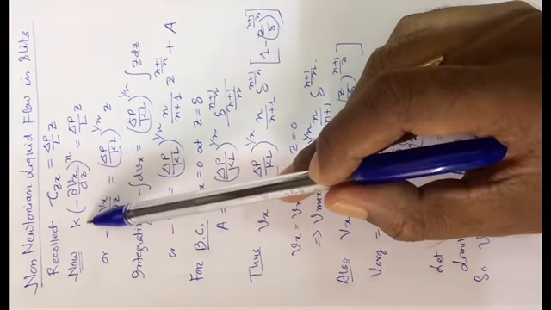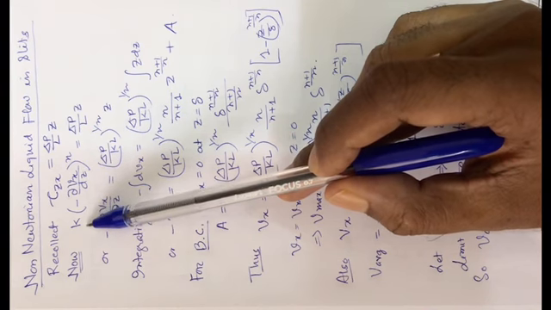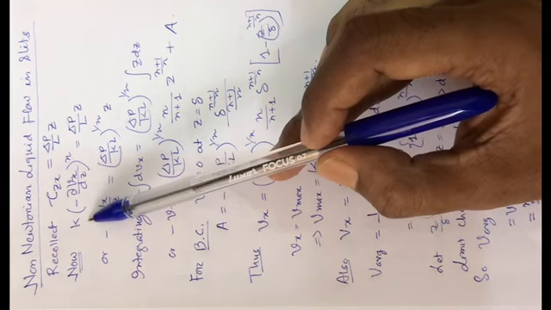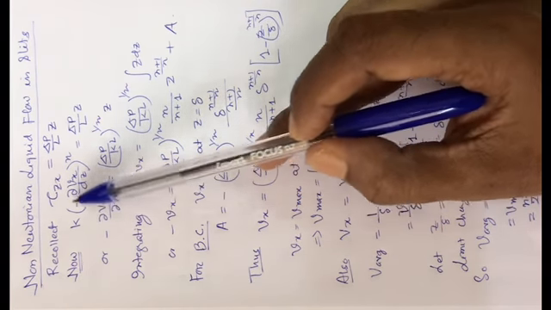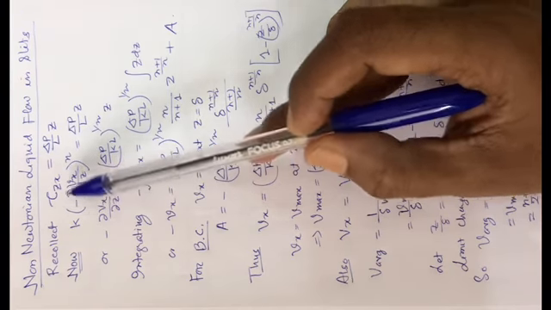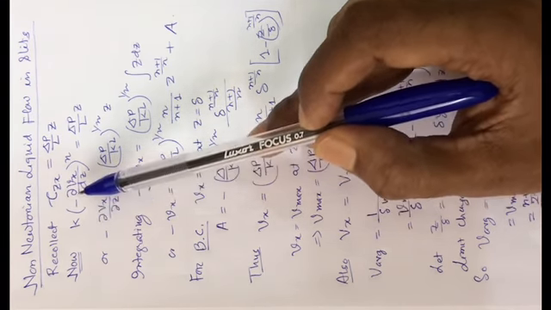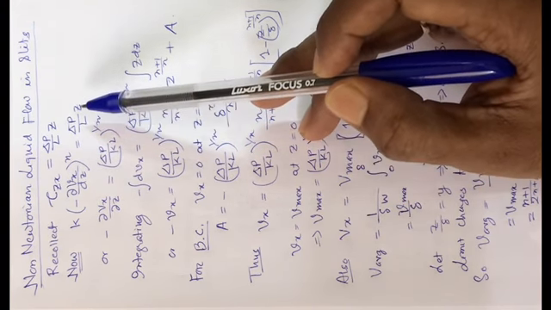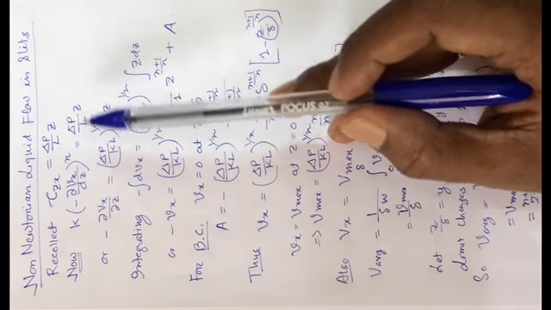Now for a non-Newtonian fluid, specifically fluids which follow the power law equation, we write the expression for tau or shear stress in this format. Okay, K into shear rate to the power n is equal to delta p by L into z.